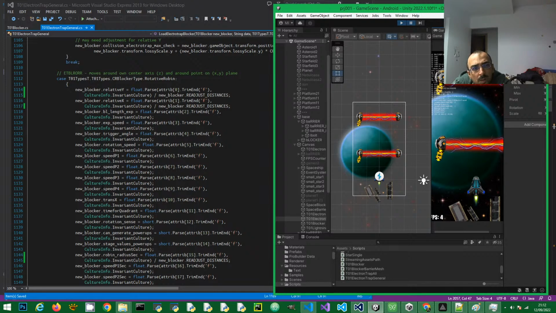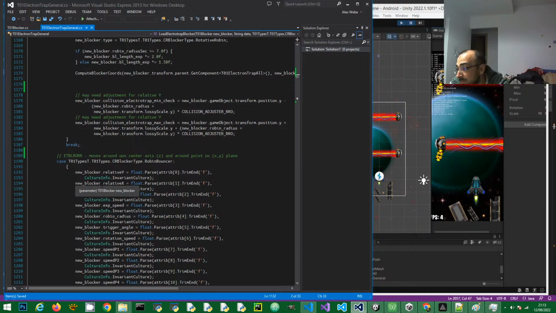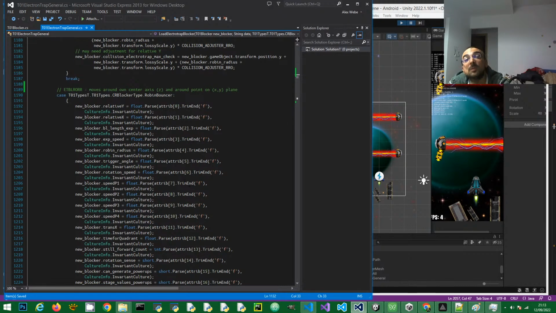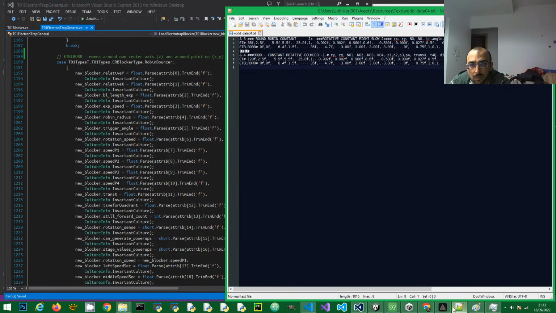But what did this button do? Like Didi used to say, what's this button? What's this blocker do? The Robin bouncer. It's a robo. The robo.